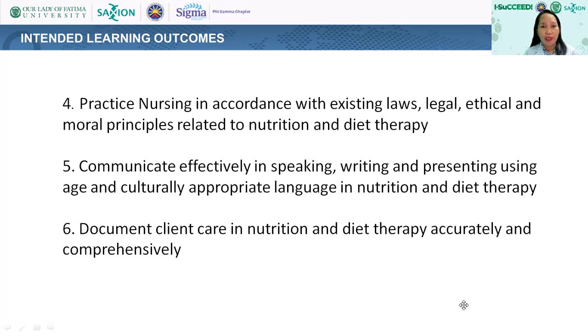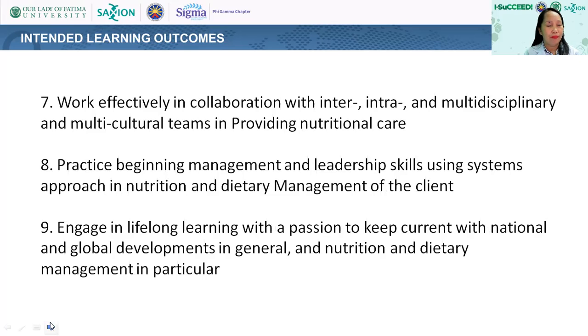To communicate effectively in speaking, writing, and presenting using age and culturally appropriate language in nutrition and diet therapy. Document client care in nutrition and diet therapy accurately and comprehensively. To work effectively in collaboration with intra- and multidisciplinary and multicultural teams in providing nutritional care.